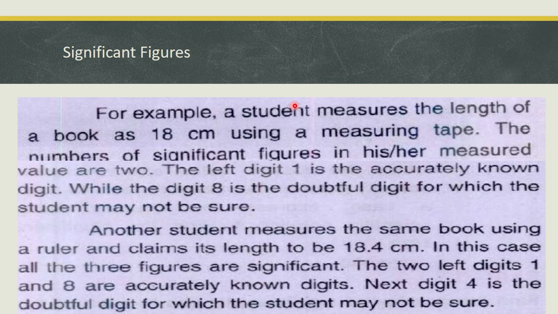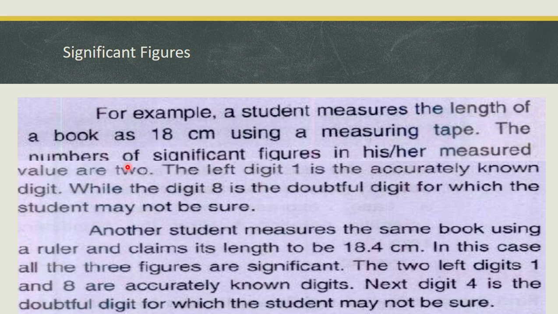For example, a student measures the length of a book as 18 centimeters using a measuring tape. Now, a measuring tape is a length measuring instrument. So the number of significant figures in his or her measurement value will be two.